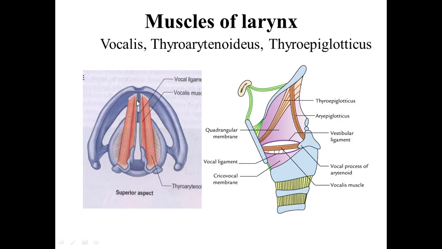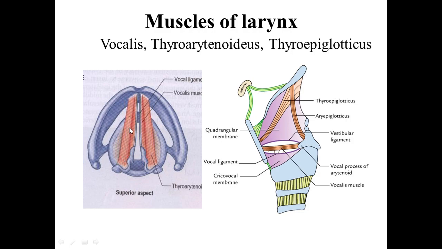Then vocalis. This muscle is the vocalis, which extends from the thyroid angle to the vocal process of arytenoid cartilage. Lateral to the vocalis, there is thyroarytenoideus muscle, which extends from the thyroid angle to the arytenoid cartilage.